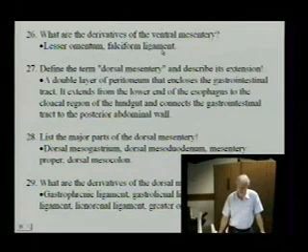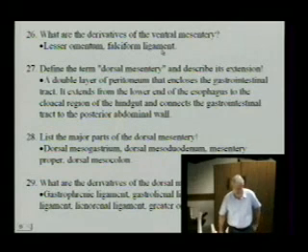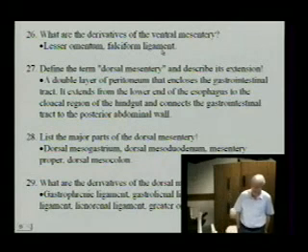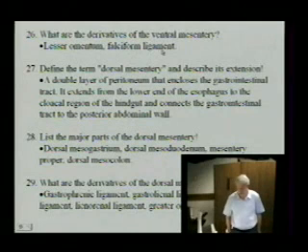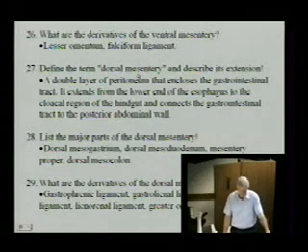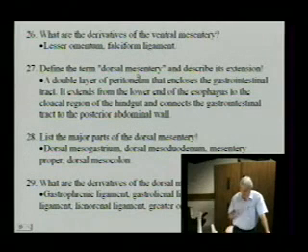Therefore, we get a persistence of the ventral mesentery there, but basically we lose it everywhere else. So the term dorsal mesentery is logically the one to give greater emphasis to because there's more of it, and we need to describe its extension.